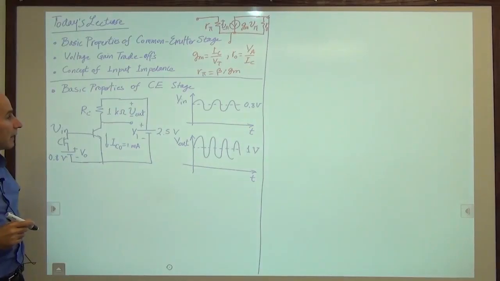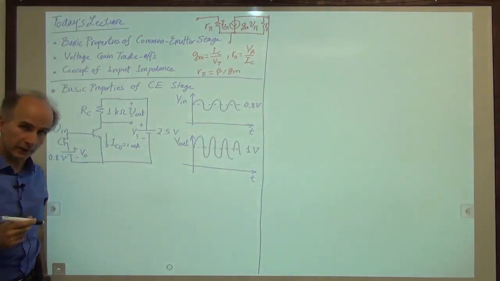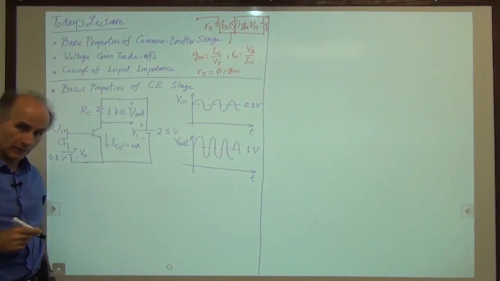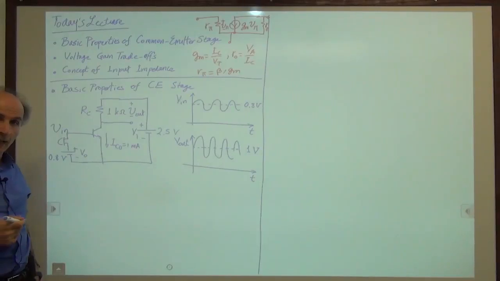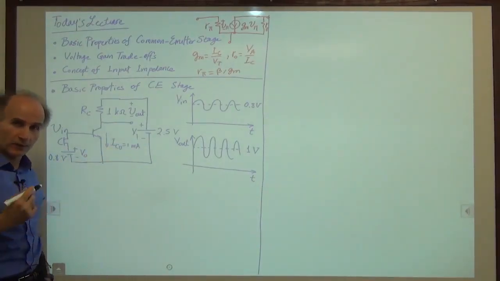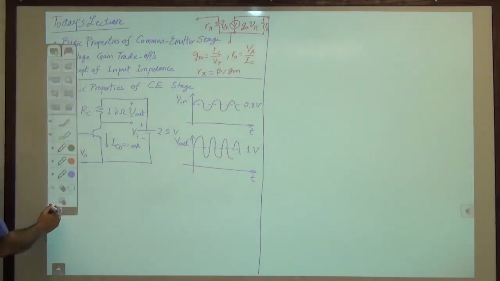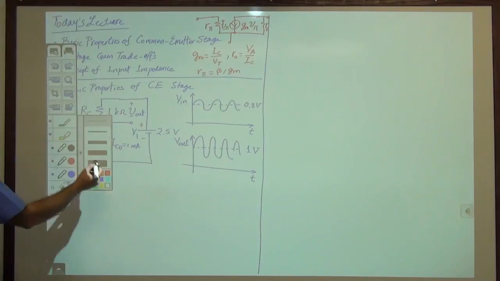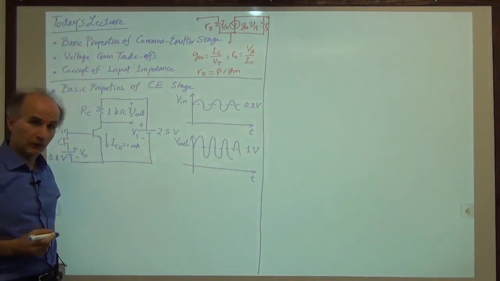But in practice, we prefer to call some other voltage the output voltage, not this voltage here. And the reason for that will become clearer later. But at this point, I will just say it to you and show you how we do that. So let me change the color of my pen and show you where we would like to pick the output voltage.